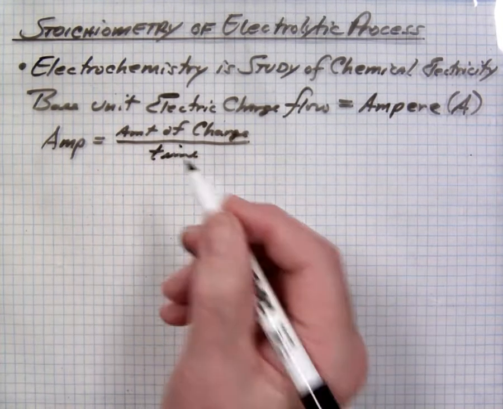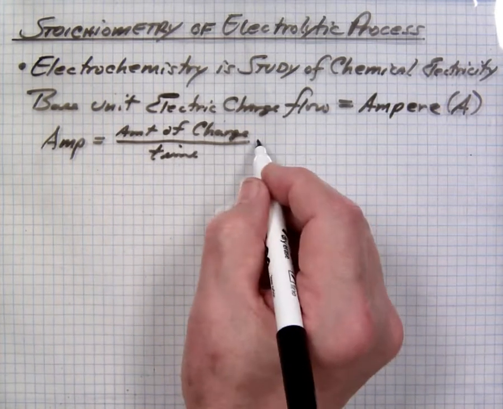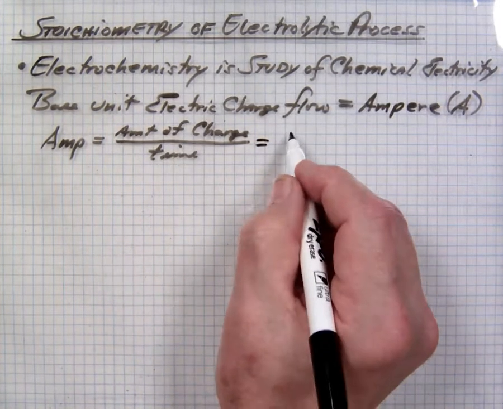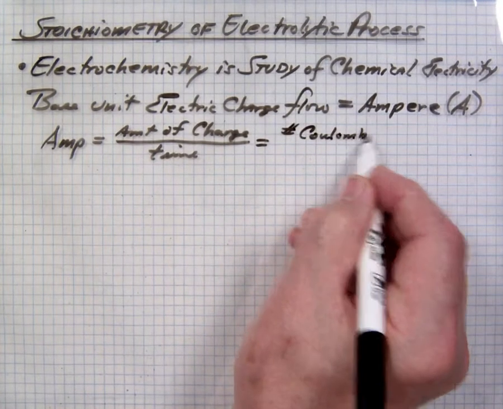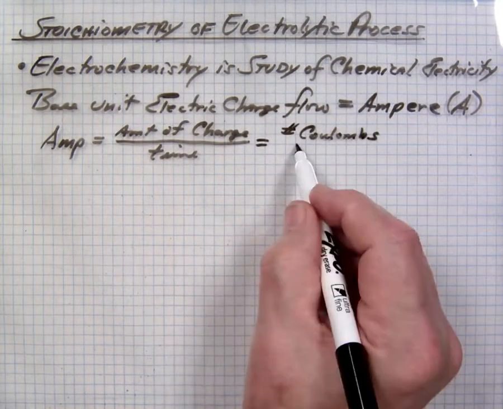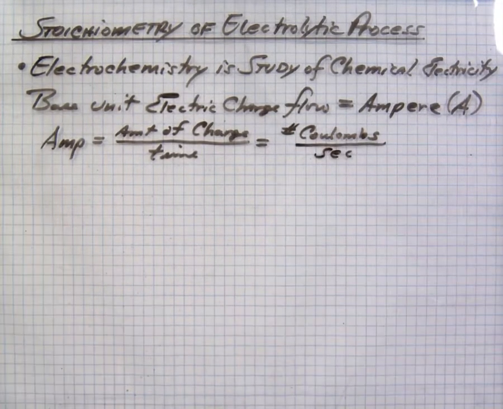And of course, in the SI system, the Standard International System, this would be the number of coulombs, which is a measure of charge, per second.